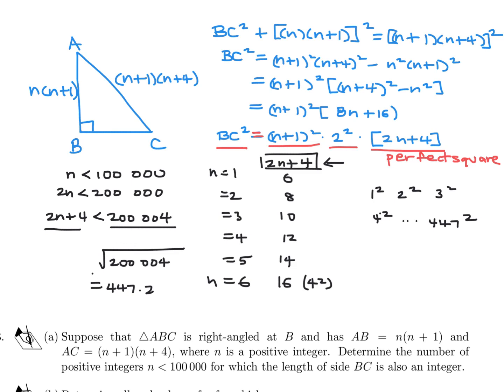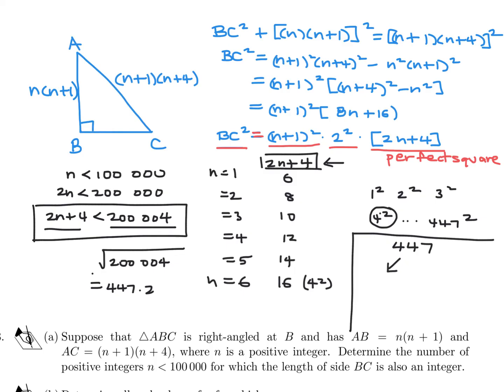There are perfect squares that are odd, like 49, which is 7 squared, and we can never get that with 2n plus 4. So let's think about this for a second before we calculate it. There's 447 perfect squares total that would satisfy this.